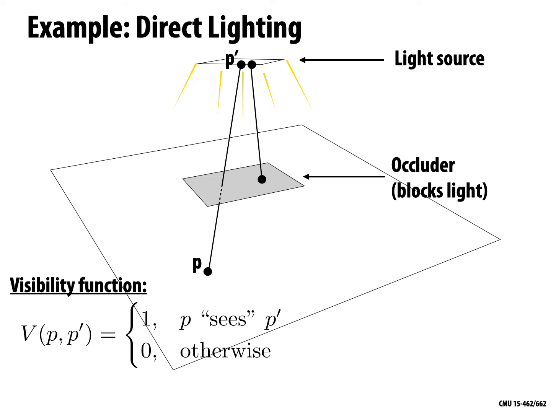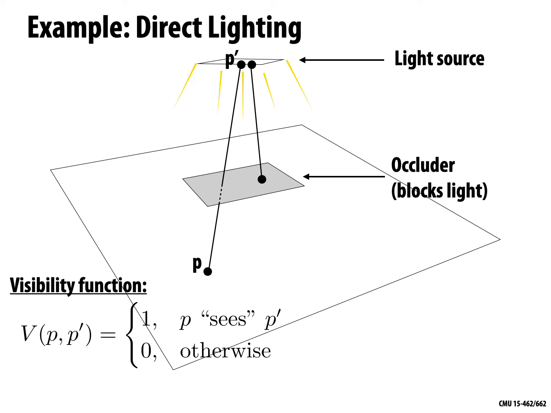Do those photons actually hit the surface I'm looking at, or do they get occluded somewhere along the way? So we can express this idea with the visibility function v, which takes 2 points, p and p prime, as input, and returns 1 if p is visible from p prime and vice versa, and 0 otherwise. So in this picture, for this p and p prime, v would evaluate to 0.